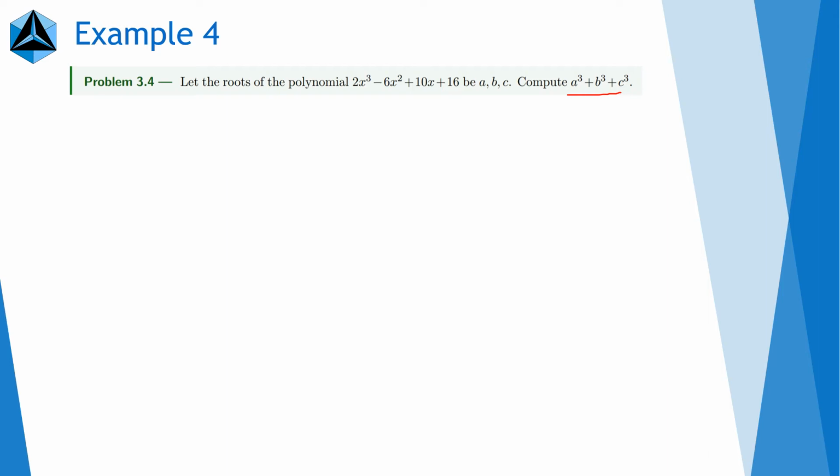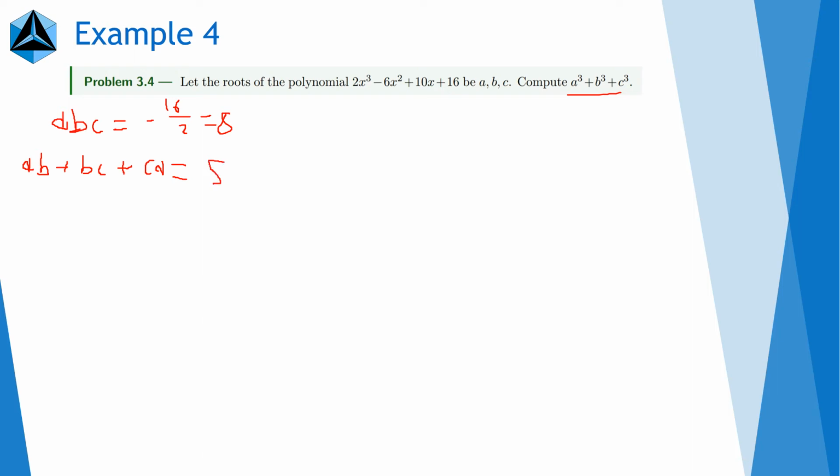So using Vieta's formulas, what do we know? We know that a times b times c is going to be equal to negative 16 over 2, so that's going to be equal to 8. We know that ab plus bc plus ca is going to be equal to 5.